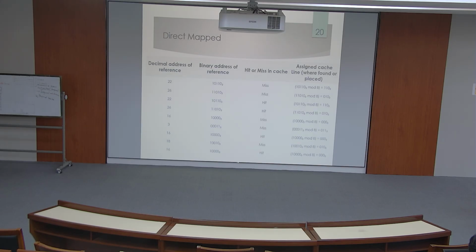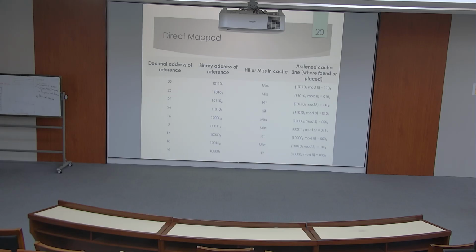Here we have 8 cache lines. We have to find the cache line for each block. We have the different blocks, that is the decimal addresses of the reference: 22, 26, 22, 26, and so on. Please make sure you follow me.